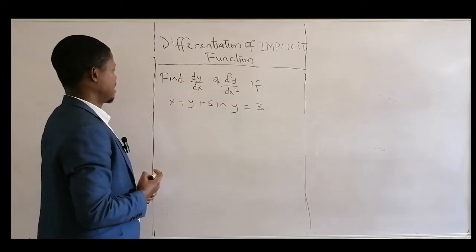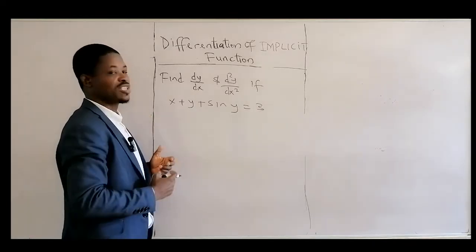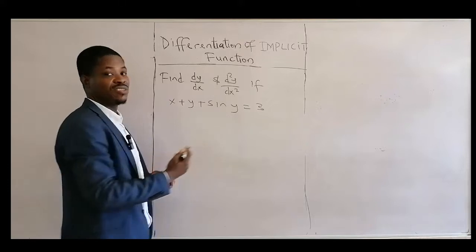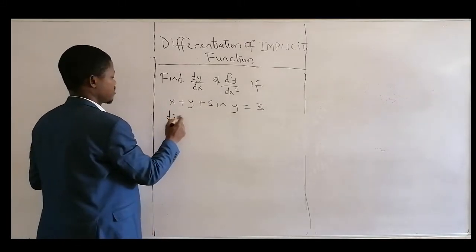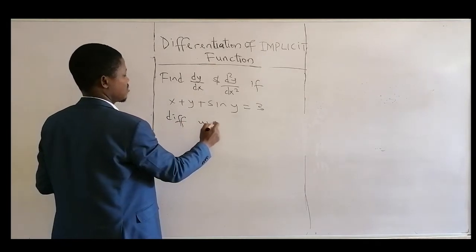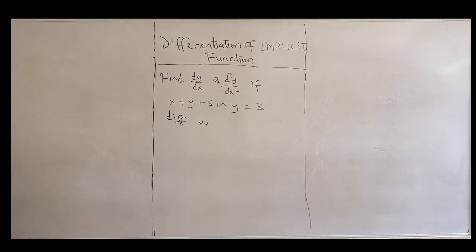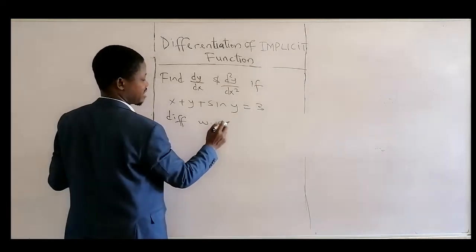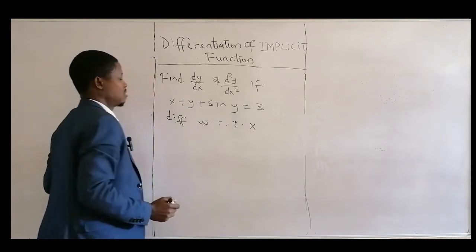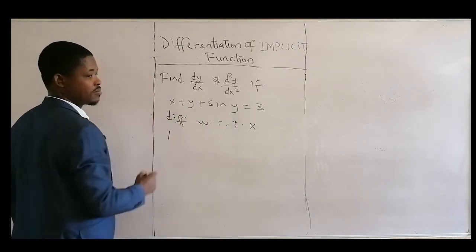And I've explained in the previous example that this one is a case where you are differentiating with respect to different functions. So first thing you do is to differentiate with respect to x, which will be equal to 1.